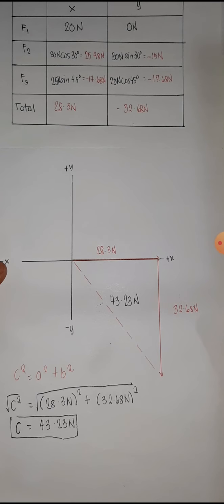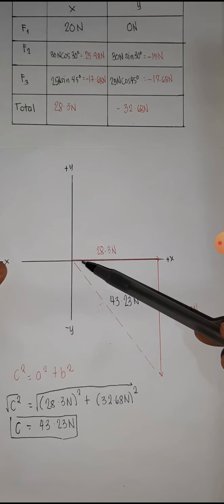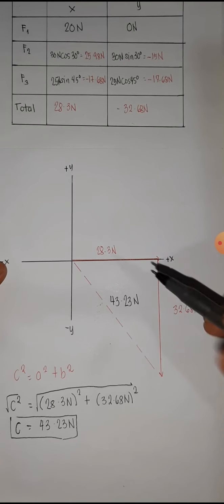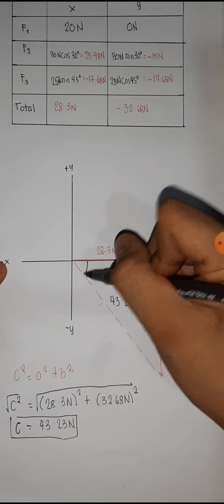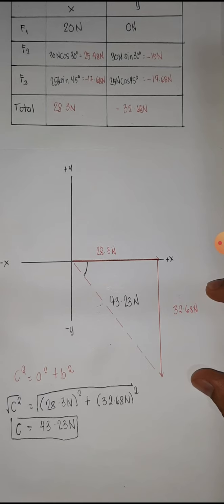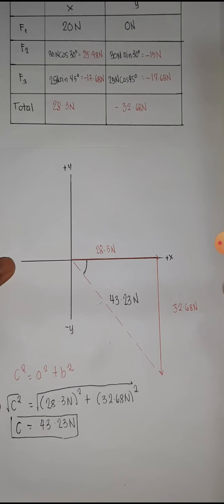Okay, at this point, we already have the magnitude. Next, we're going to determine the direction, or where your resultant vector would lie in the Cartesian plane. Since we have the right triangle here, we can use this angle to find the location of your resultant.